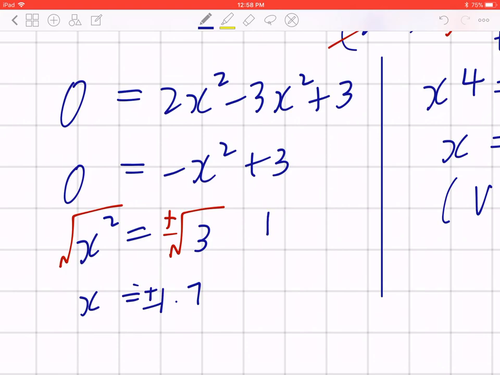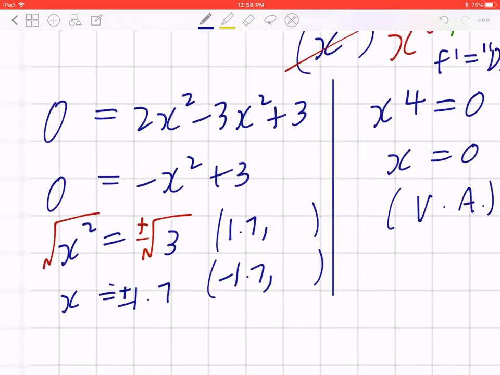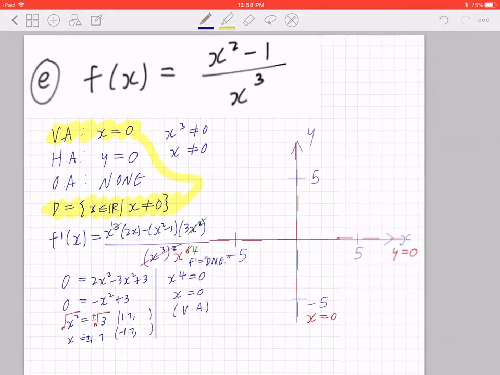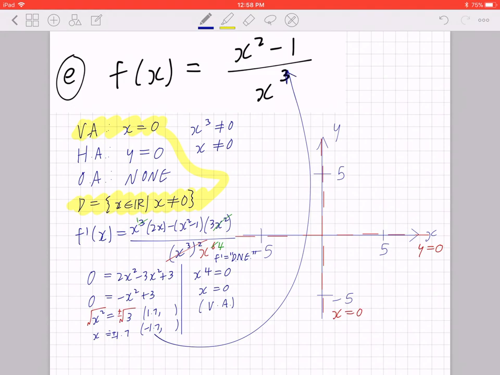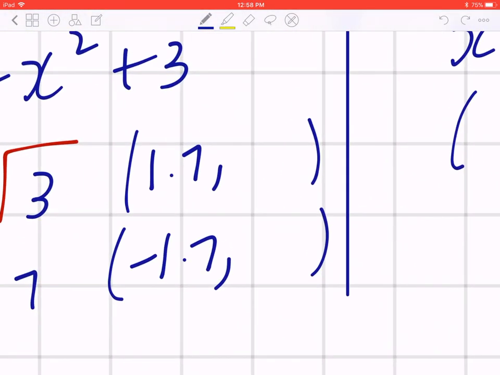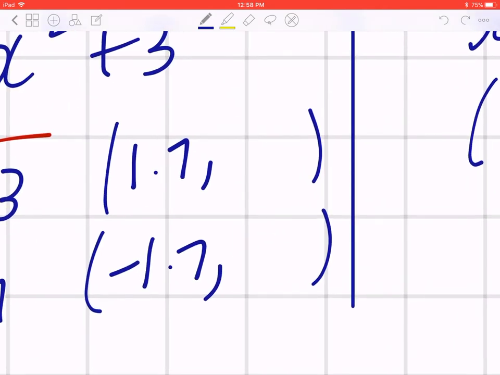Really important, you find the critical points, not just the x value, but the points, which means you can take ±1.7 and plug it back into the function. Feel free to press pause, and when you press play again, I'll be right here. 1.7 should correspond to 0.4, negative 1.7 should correspond to negative 0.4.